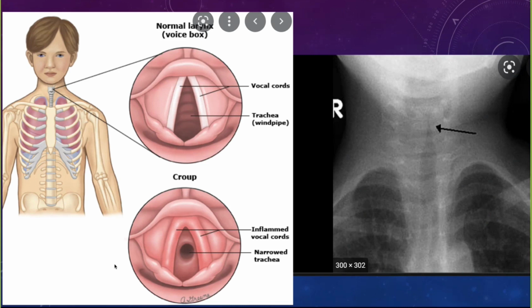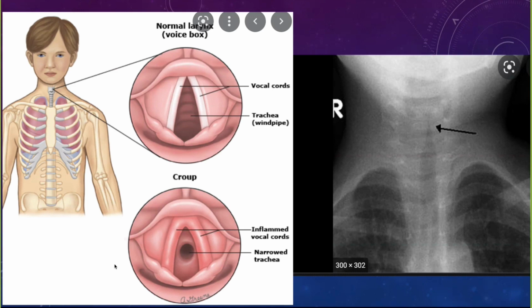So this is what happens with the upper respiratory tract infection due to parainfluenza, or croup, because it has the tendency to affect the upper respiratory tract area. You can see how this is a normal airway with the vocal cords. You remember when you were learning how to intubate, you see the vocal cords, how they move, and how open or how big this area is.